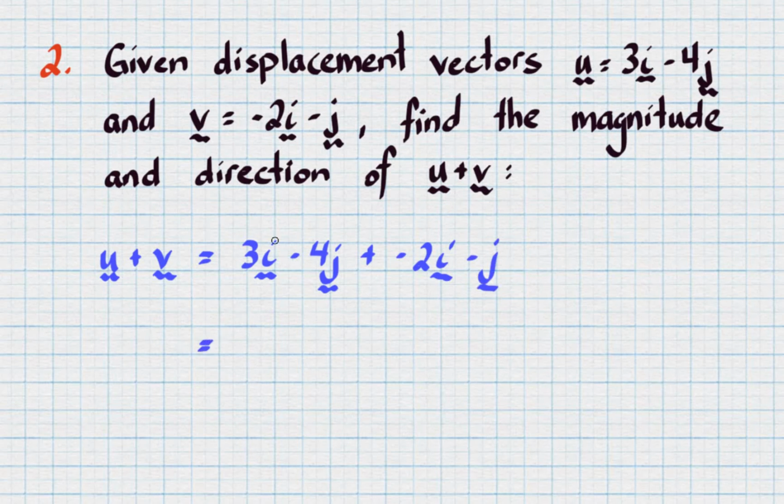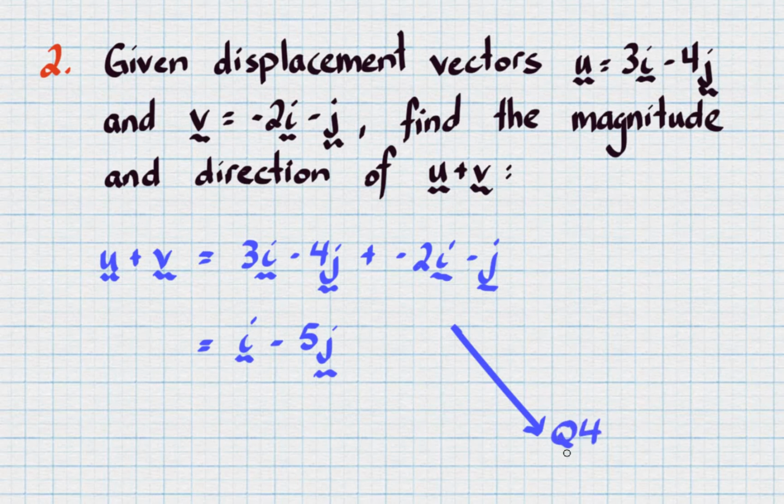And so when we consider the like components, we have 3i take away 2i, that's just i, and then we have negative 4j minus j, so negative 5j. So there's our resultant vector. If we think about where this lies, it's 1 across in the x direction, then 5 down, so we're sort of down into quadrant 4.